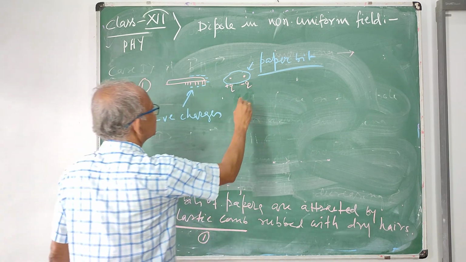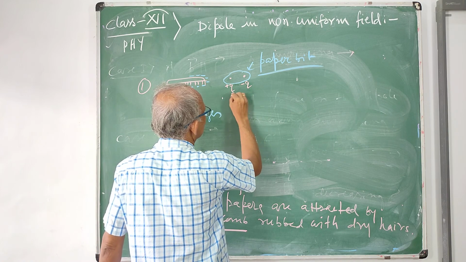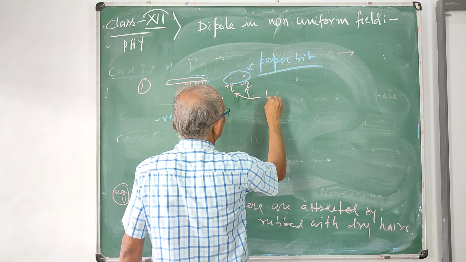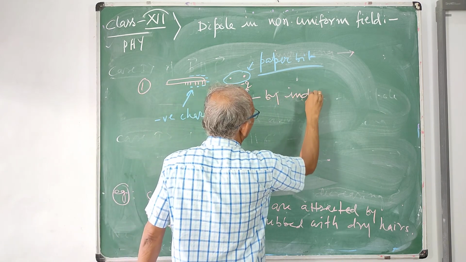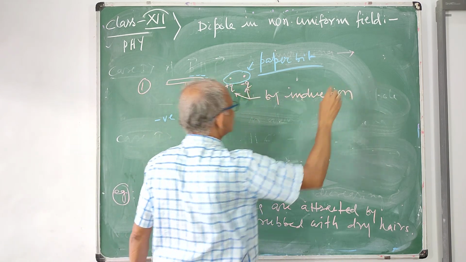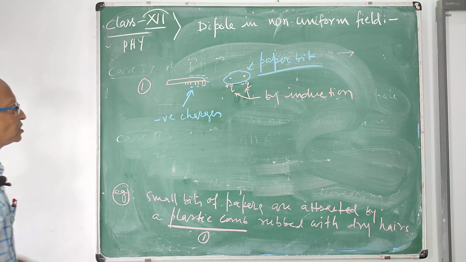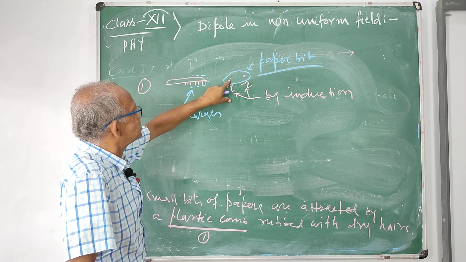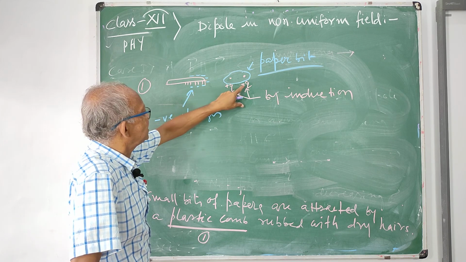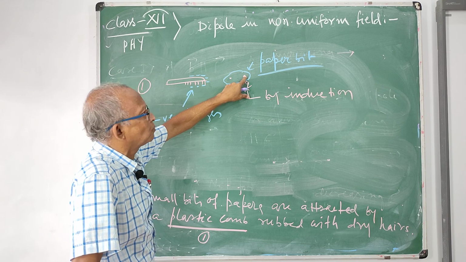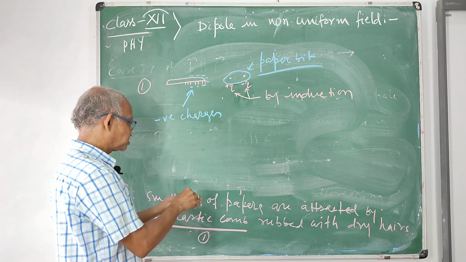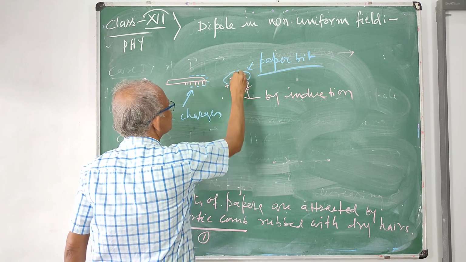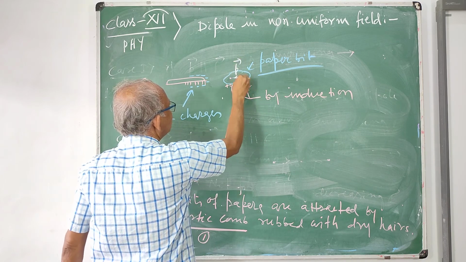This is by induction. Recall induction. So the bits of paper induce positive charge near the comb and negative charge at the far side of the comb. So what is the result? This develops a dipole moment.